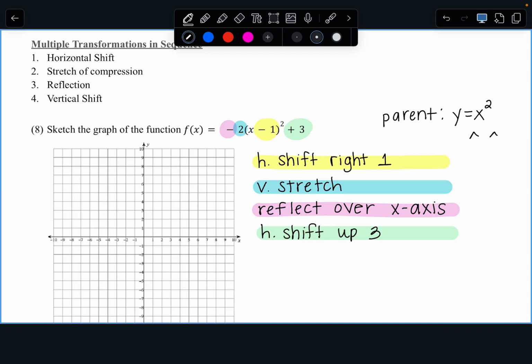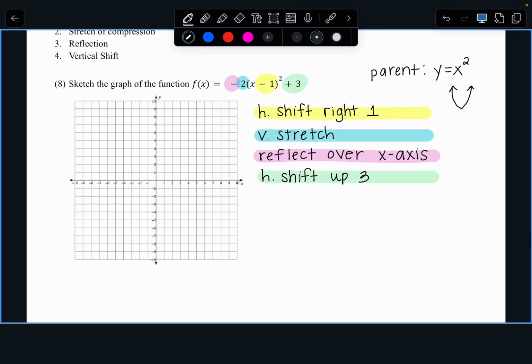Triangle. That's a parabola. It's a U-shaped, but it's not straight. It's curved. Okay? So again, when doing transformations, work from the inside out.